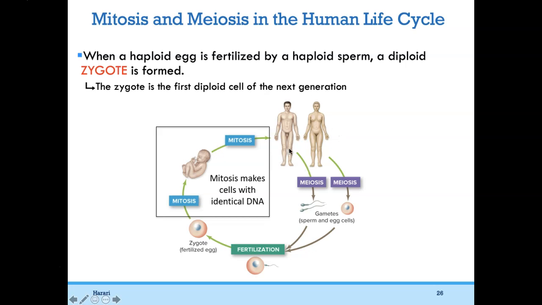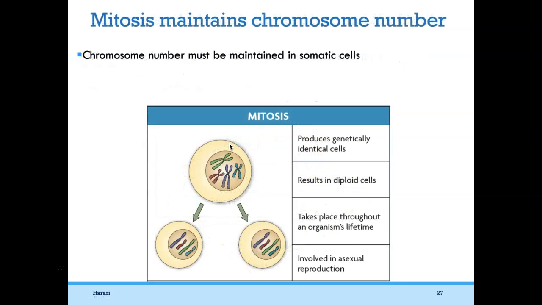Once in puberty, the adult will then undergo meiosis once again. Meiosis produces gametes that are haploid that can then recombine to form a new diploid organism and start the next generation. So mitosis is responsible for growth, repair, and development.